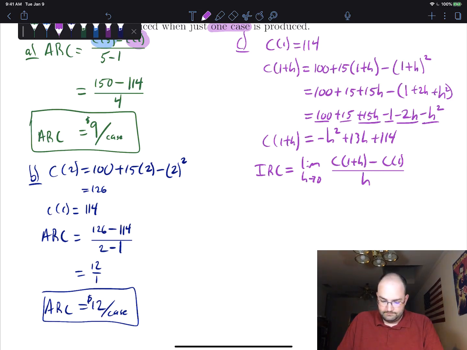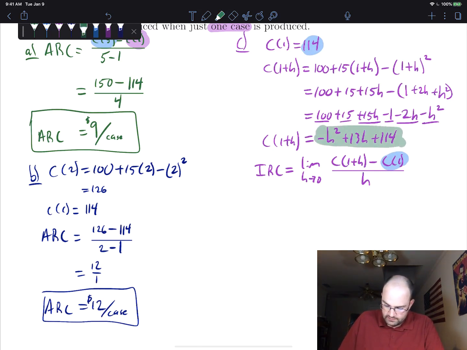Awesome. Now, just plug in everything that we know here. C of 1 plus h is all this. C of 1 is right here, so plug in that for this, and plug in that for this.